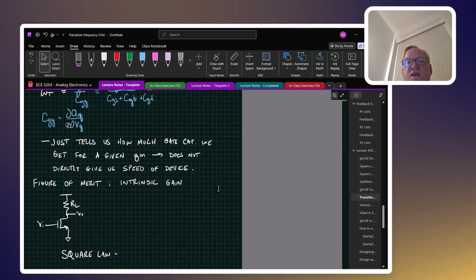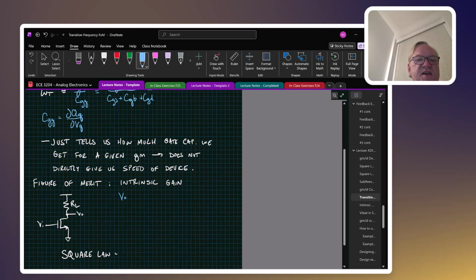Another metric that we might care about is the intrinsic gain of the transistor. So here we have a simple common source amplifier. We can say that the voltage gain, V out over V in, is equal to minus GM times RO in parallel with RL.